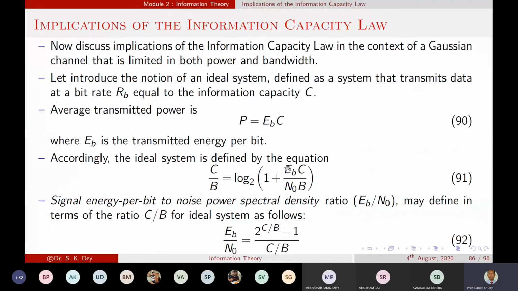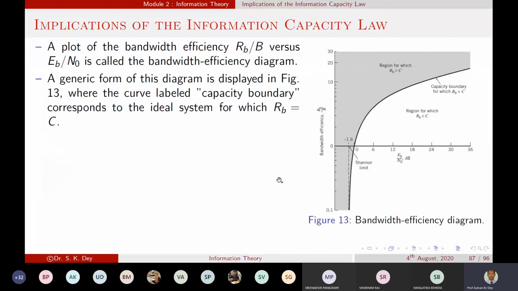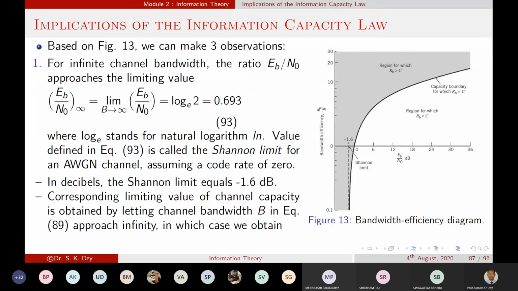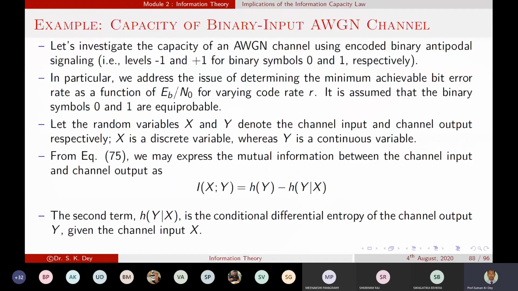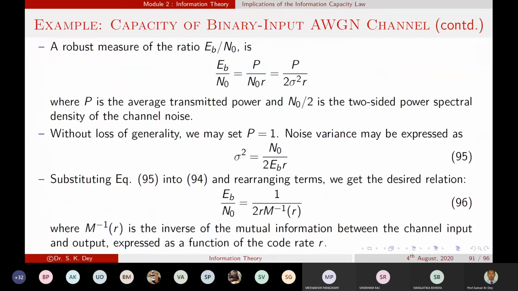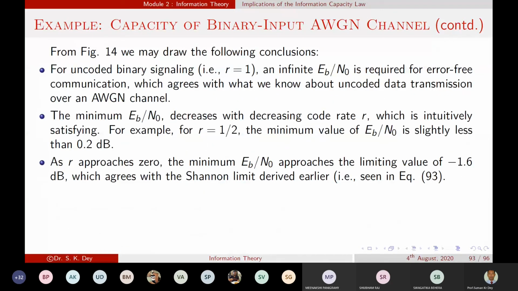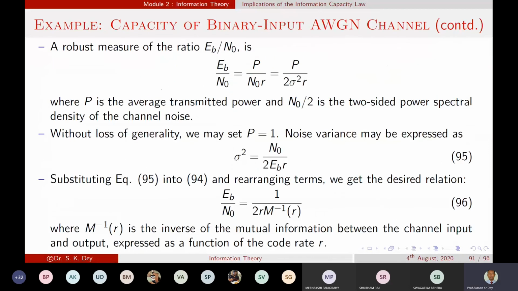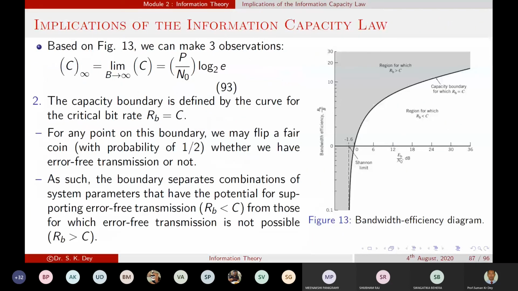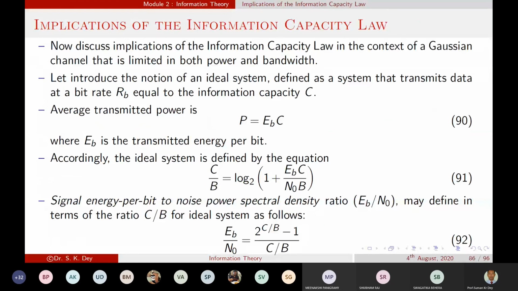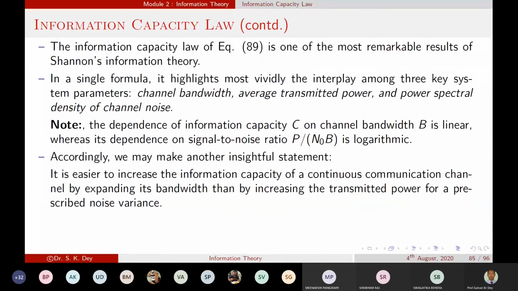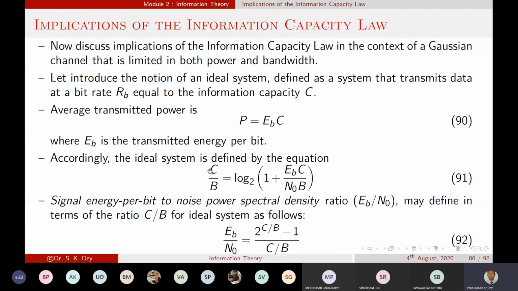That is the expression we found from there, and if we simplify this, we get the final expression: C equal to B into log base 2 of 1 plus, this term is your signal power by noise power.